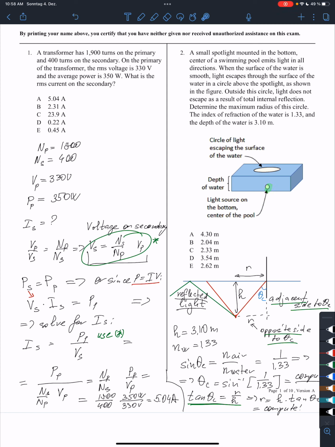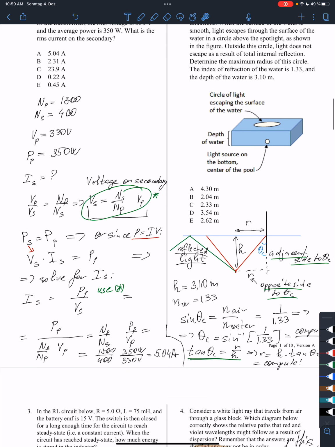some light source at the bottom of the pool, and the pool water is still. This light source emits light, of course, everywhere, so I'm showing it over here, but at some angle, the light will be completely reflected back into the water. The angle at which it happens is called the critical angle.